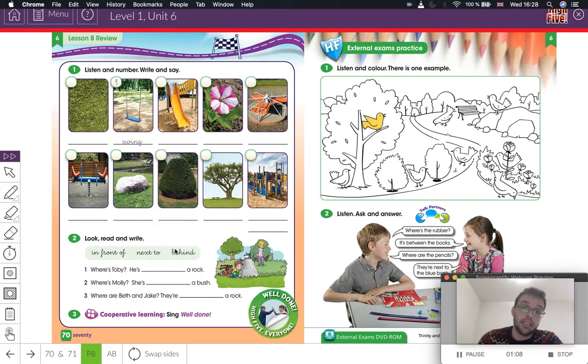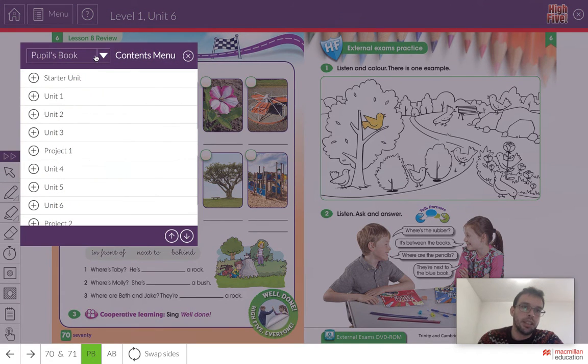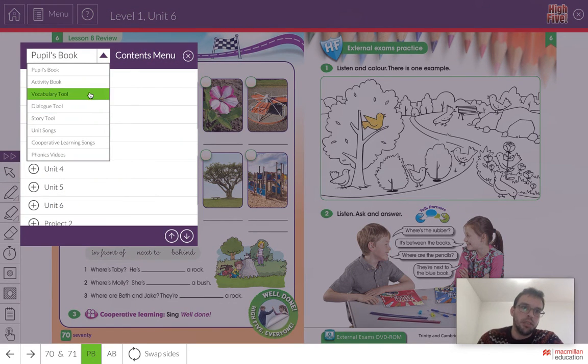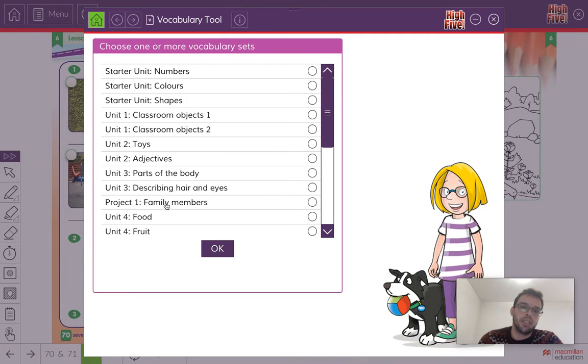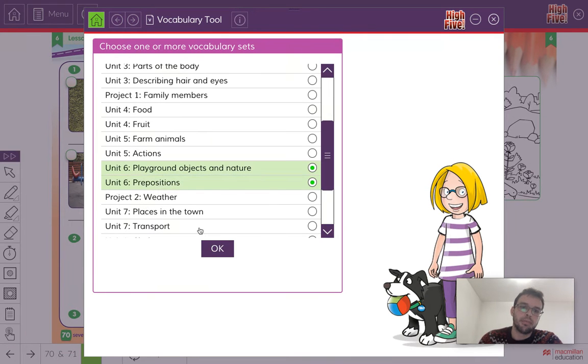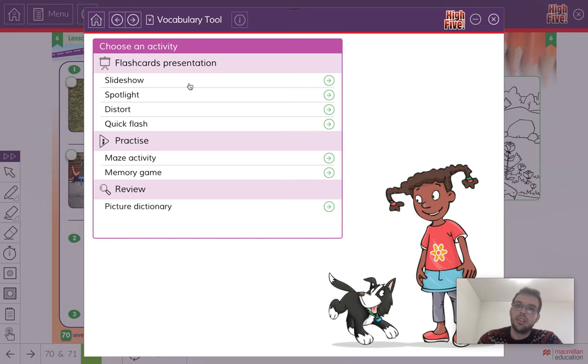Okay, near, next to, in front of, behind. Okay, let's revise. So we'll go to vocabulary. And just to remember the words, let's have a look at some pictures.